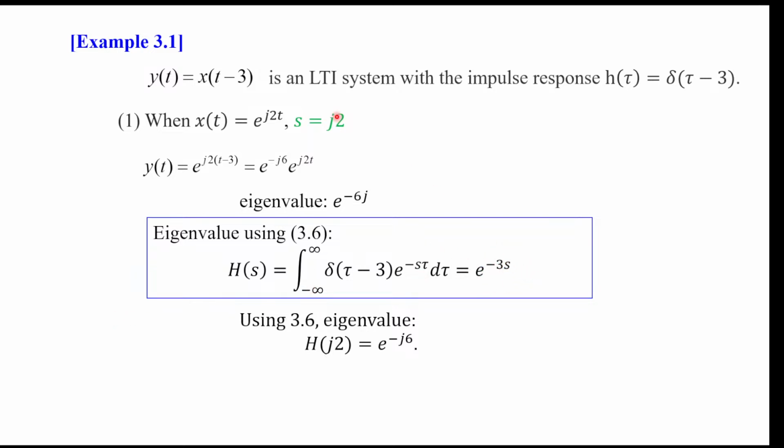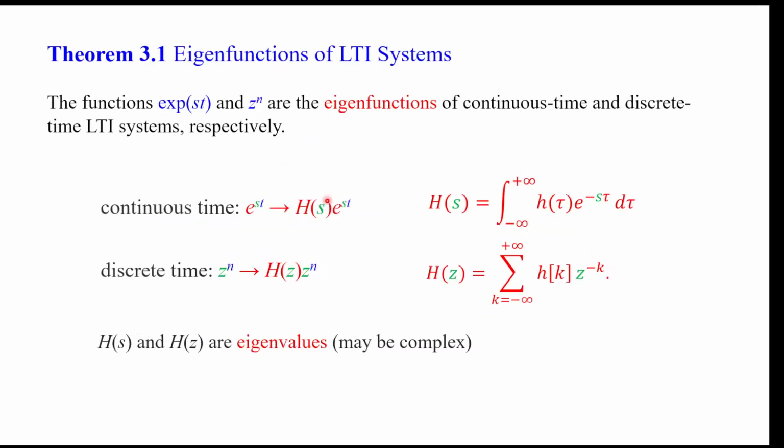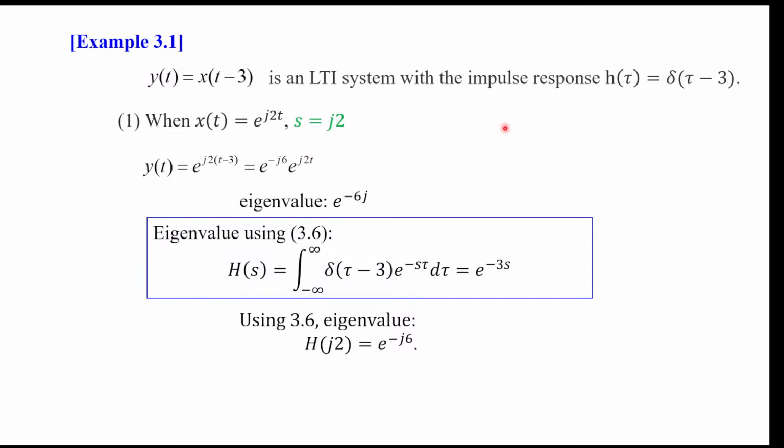We cannot plug in s yet. And if you put s equal to j2, then you will have H of j2 equal to e to the minus j6. Okay, with the derivation, here is the example showing that the two equations we wrote are actually true for this very simple system.